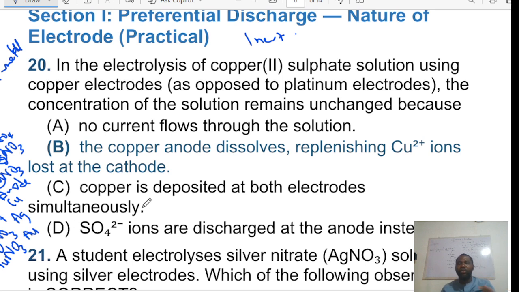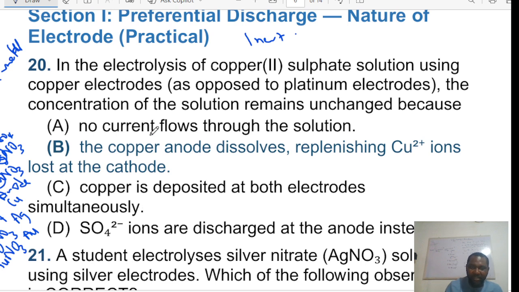Once you have this set up and you start the electrolysis process, the anode will dissolve into the solution, then go to the cathode and accumulate. That's why electrolysis is also used in electroplating, because the anode will dissolve into the solution and go to the cathode and accumulate.